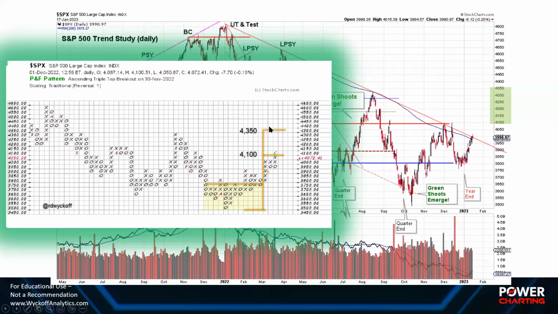Makes a lot of sense because here's 4,300 right here. 4,350 is one box above that. Also, these areas of stopping were also at that level. And we've gone up and touched 4,100. And that 4,100 level, as we can see, did stop the advance of the market.